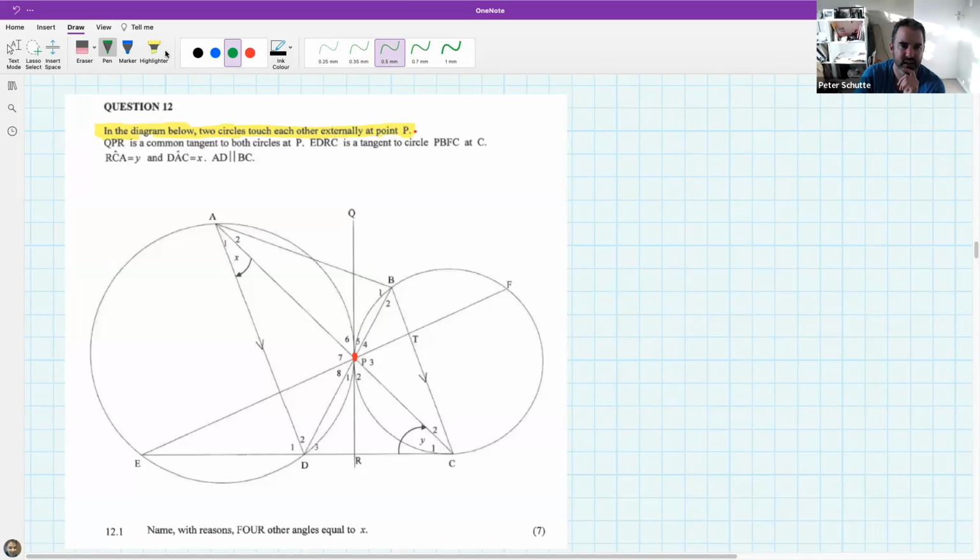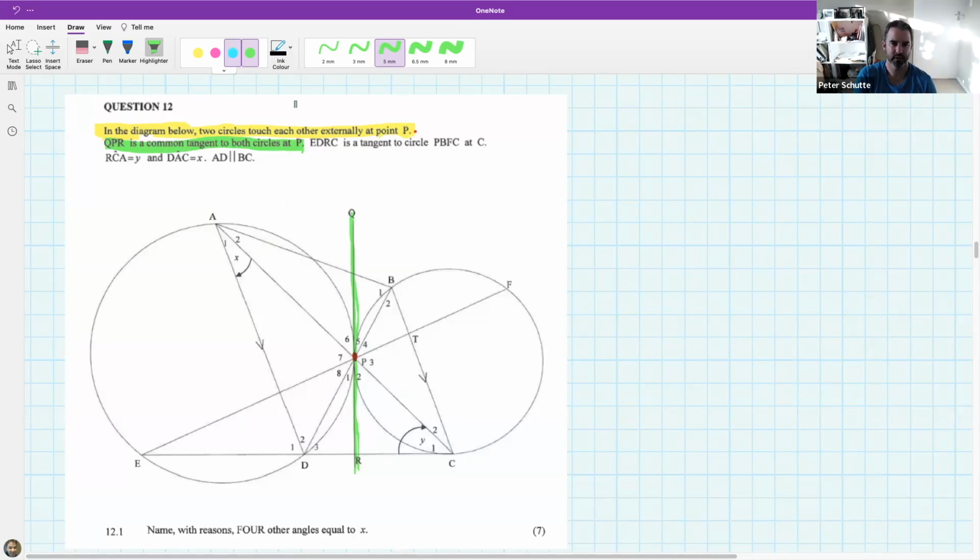It says that QPR is a common tangent to both circles at P. So where is QPR? QPR is just going to be that green line there. Notice how the use of color really helps my brain understand what's going on.